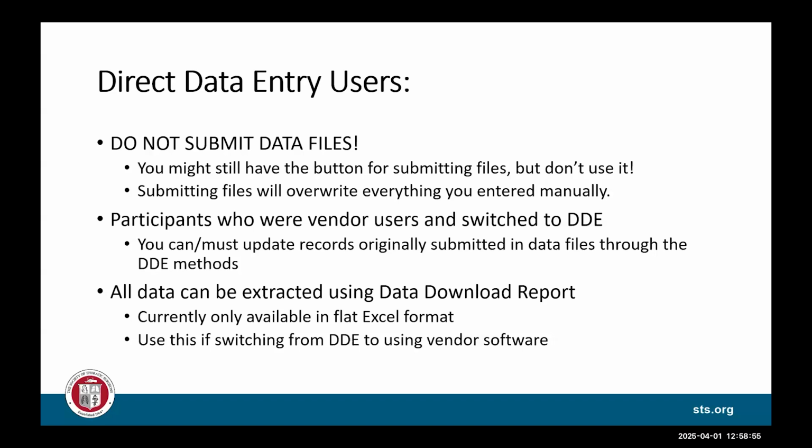And then if you're switching from direct data entry to using a vendor, you can get your current data that's in the IQVIA platform out using the data download report, and that's explained in the library. So I'm not going to get into too much detail about that, but know that that's available too.